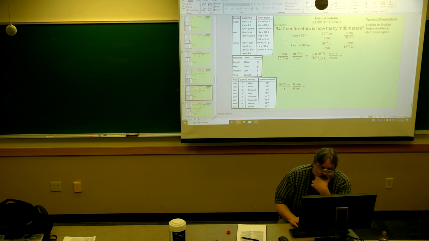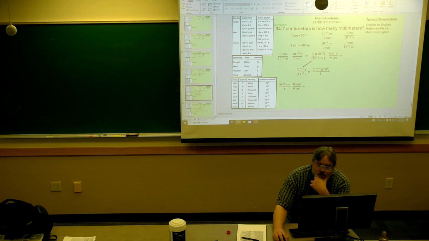You can kind of ignore the ones, but what you do here is I'm taking this bit out and pulling it out without the ones in it. When I move this 10 to the negative 3 to the top, you change the sign. It's just a simple algebra rule, but it's one that's easy to forget. So when I take this 10 to the negative 3 and put it on the top and change its sign, now it's 10 to the 3.